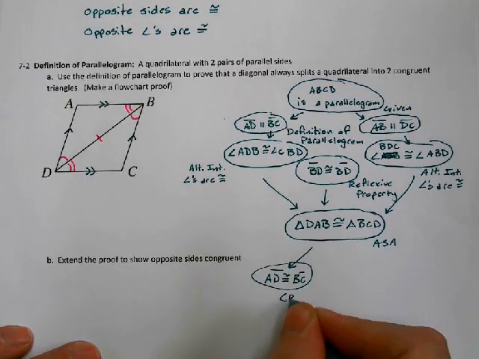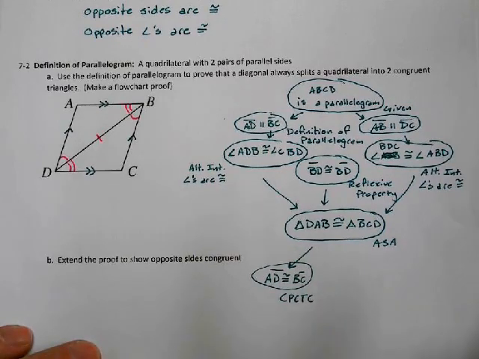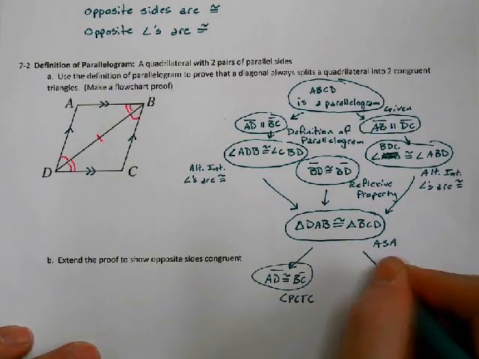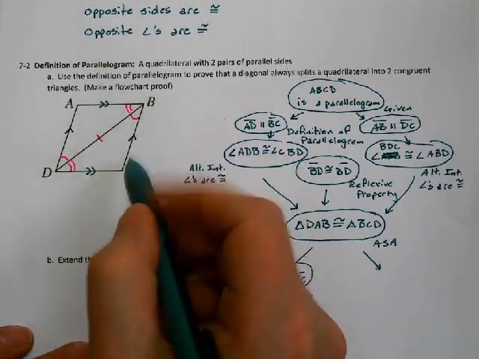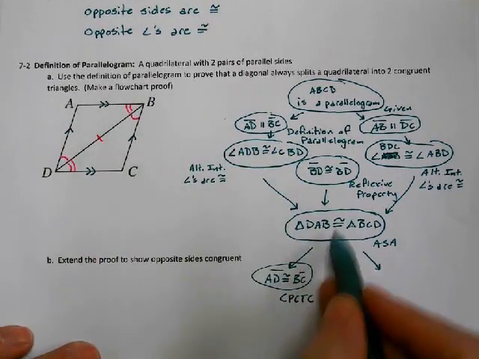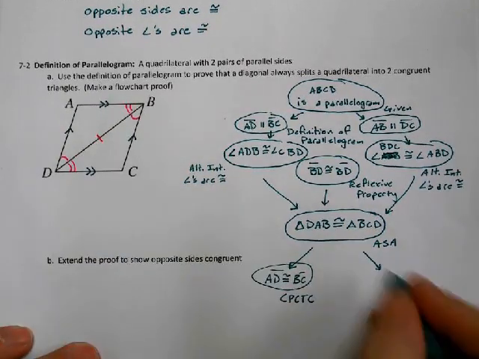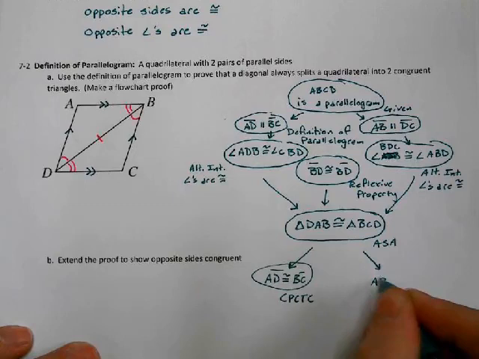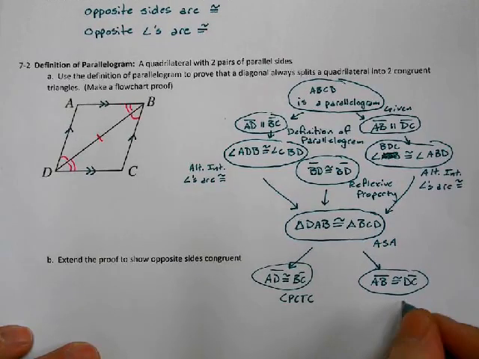Corresponding parts of congruent triangles are congruent. And over here, so we said that AD and BC were congruent because they're corresponding parts of congruent triangles. And then AB is congruent to DC. Also because corresponding parts of congruent triangles are congruent.